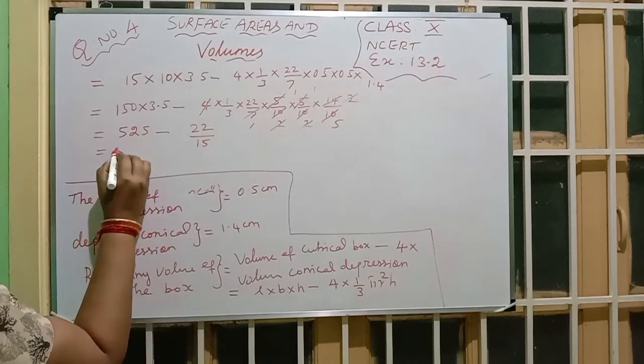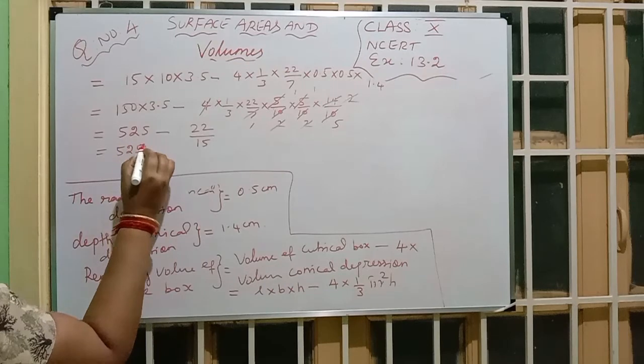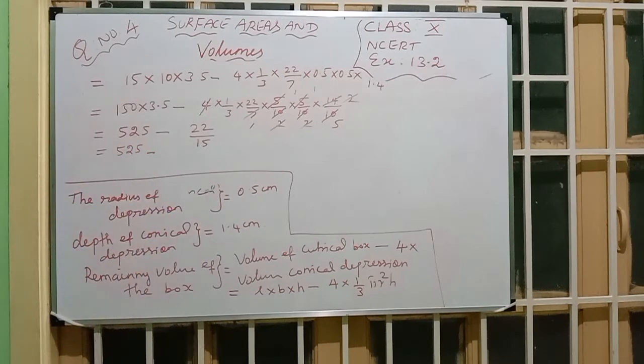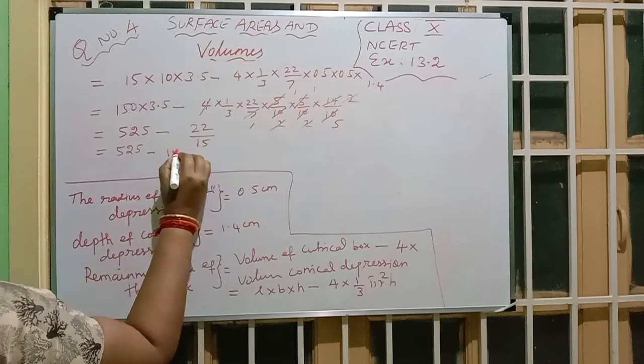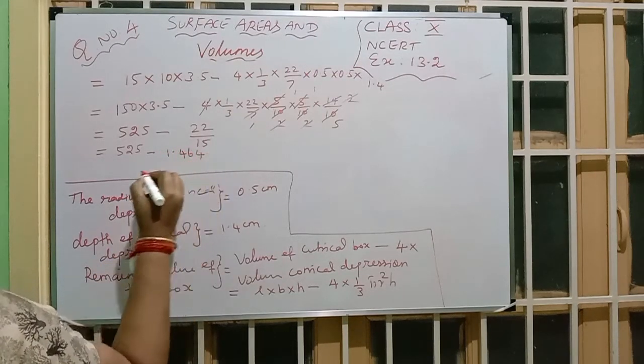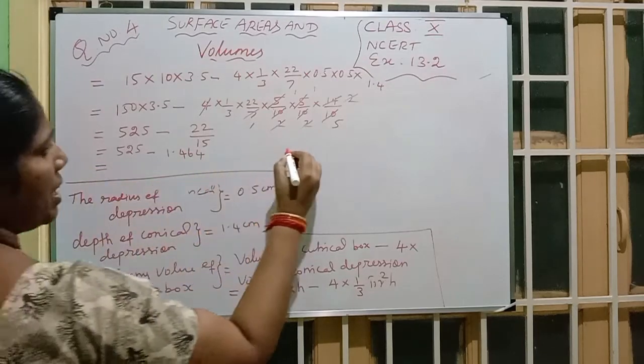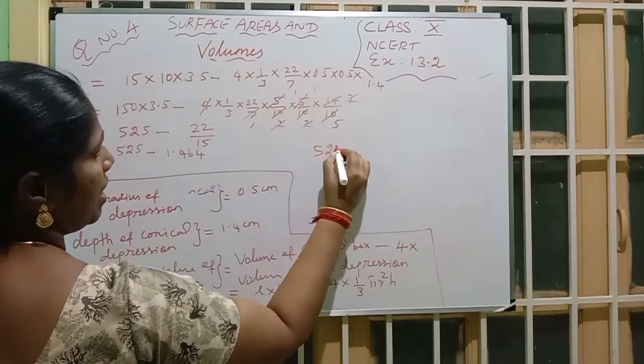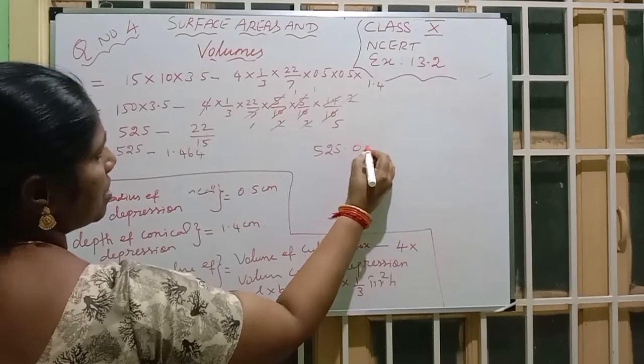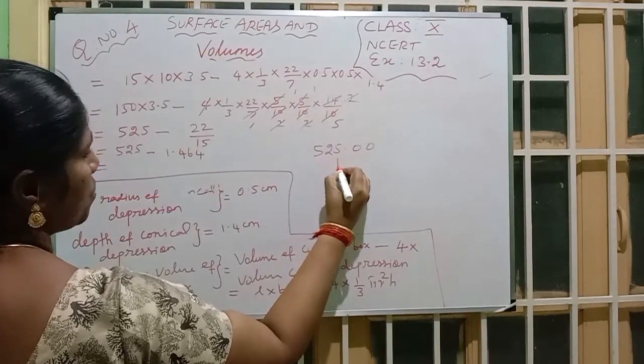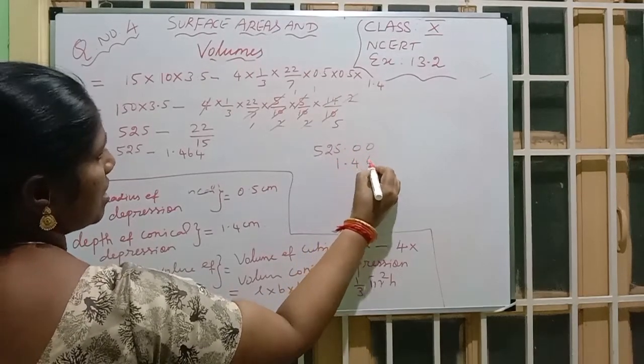So we have 525 minus the value of 22 by 15, which is equal to 1.464. That is, we need to subtract 525.00 minus 1.464.